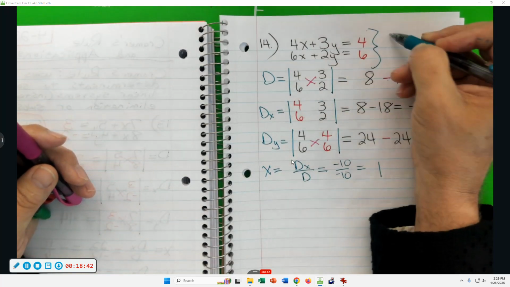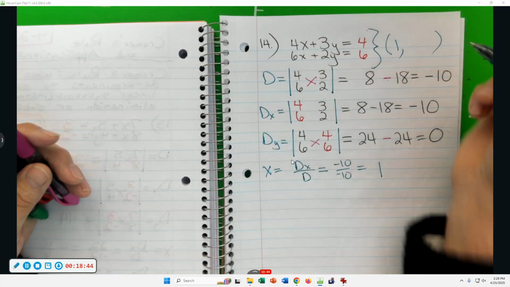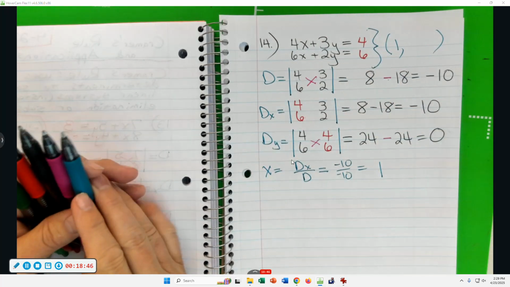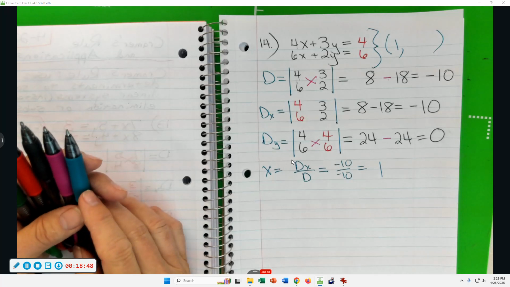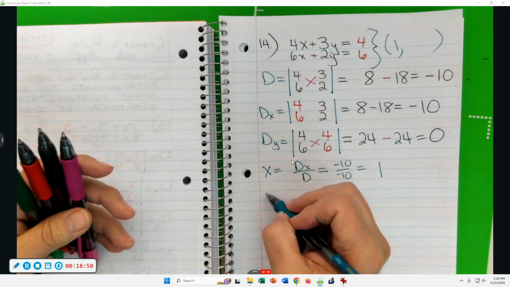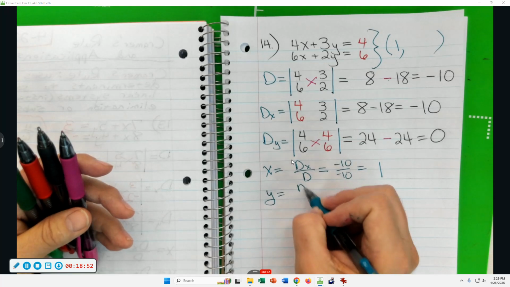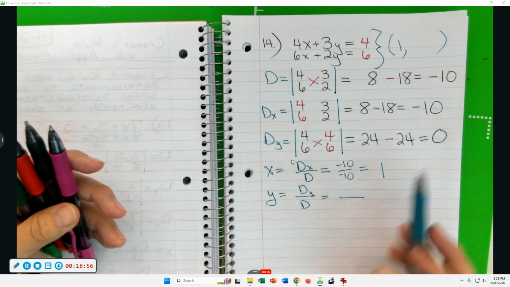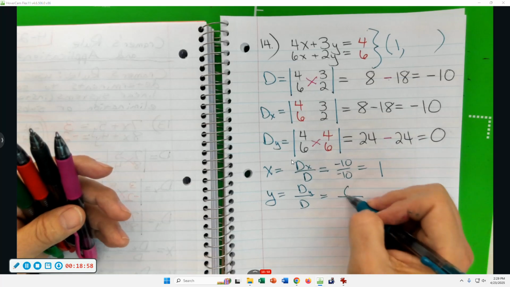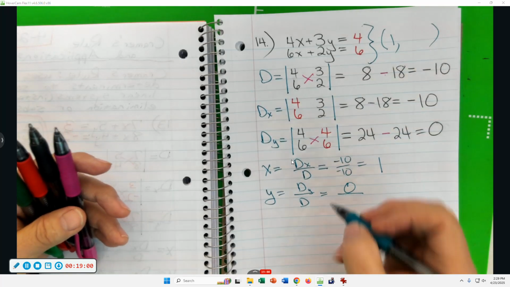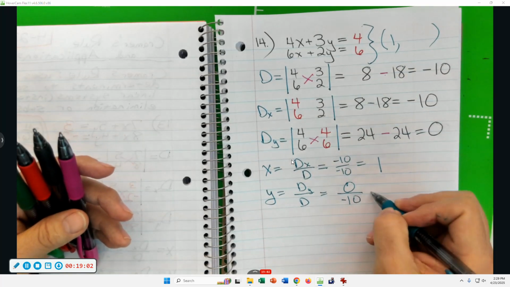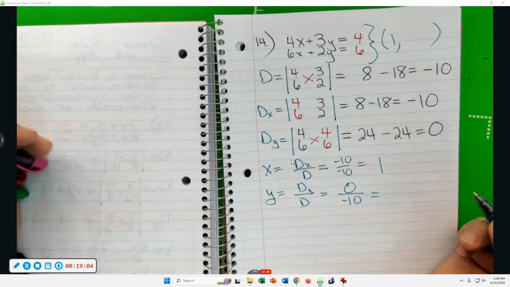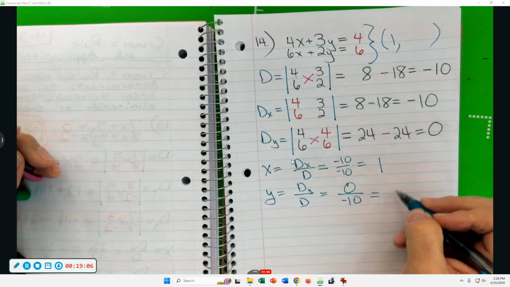These lines will intersect at an ordered pair where the x coordinate is 1. Now for y, that's d sub y divided by d. 0 divided by negative 10, what's that going to give us? 0.